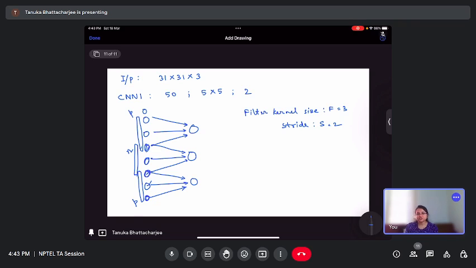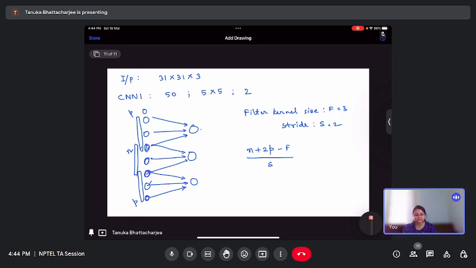Similarly, this way, as long as your input number of neurons goes, this kernel will keep on striding through it. If we want to see how many numbers we will get here, initially we have n plus 2p neurons. At the last step, the kernel should be able to combine f neurons, and before it reaches that, it will stride by s at a step. So the total number of steps will be divided by s.